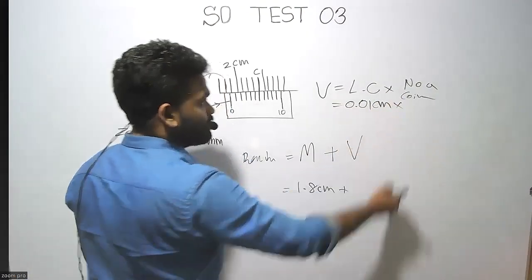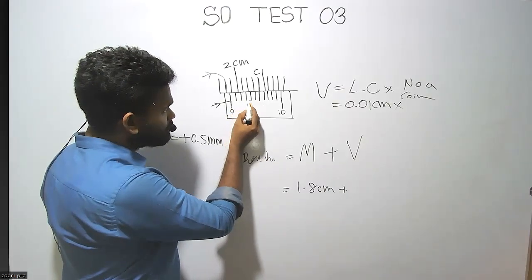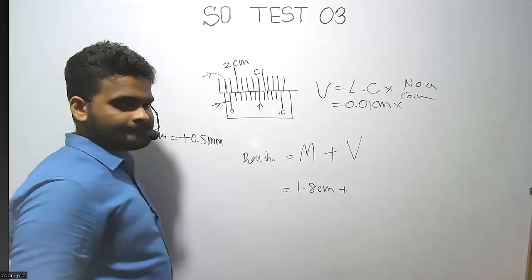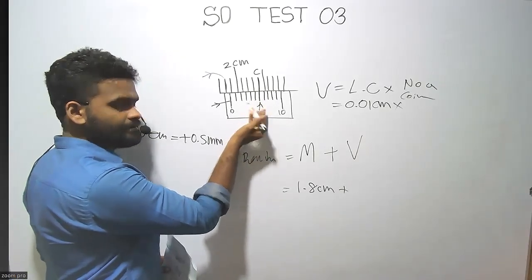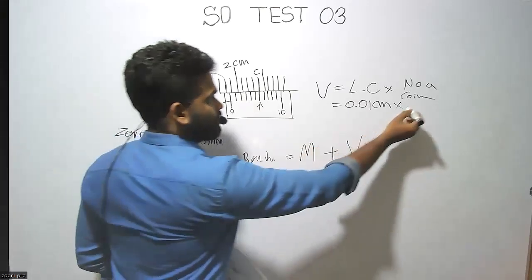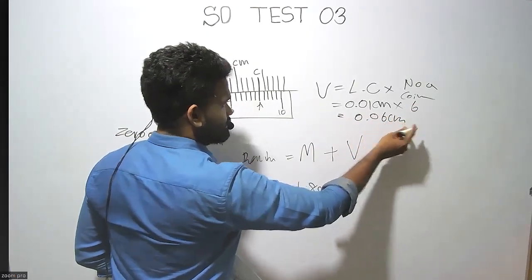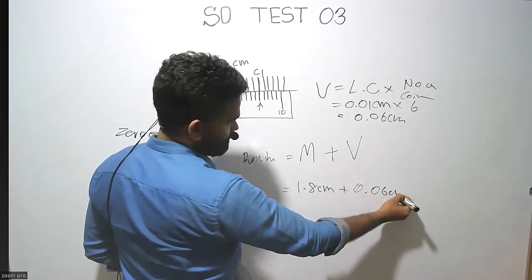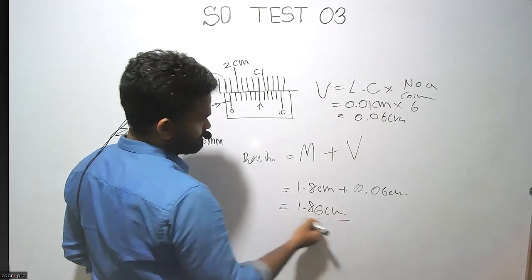Number of coinciding point of the vernier: 1, 2, 3, 4, 5, 6. This is the coinciding point, so the value is 6. So what do you get? 0.06 centimeters. Then substitute it here. So you get 1.86 centimeters.